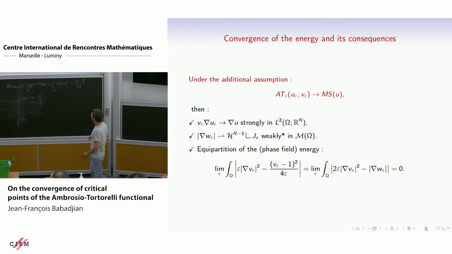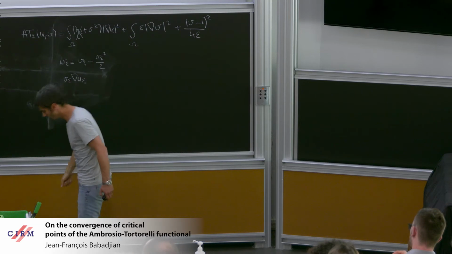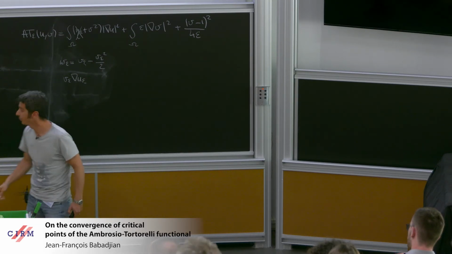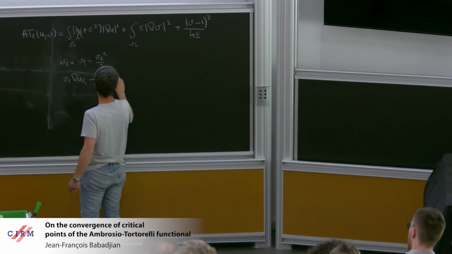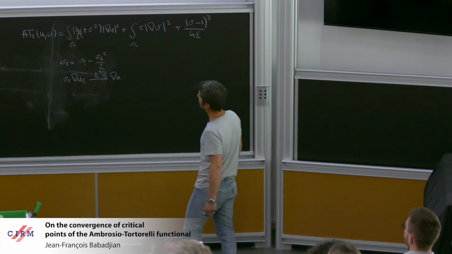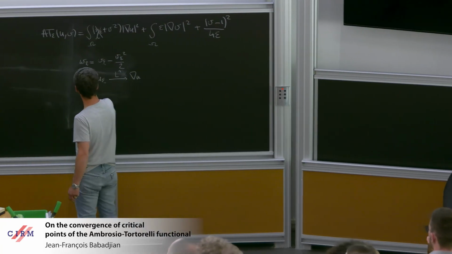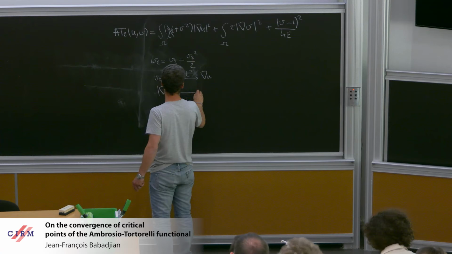So the coupling term V epsilon grad U epsilon will converge not only weakly, but now strongly in L2 to the approximate gradient of U. And the jump set arises as the weak limit of the variation of the gradient of V epsilon.